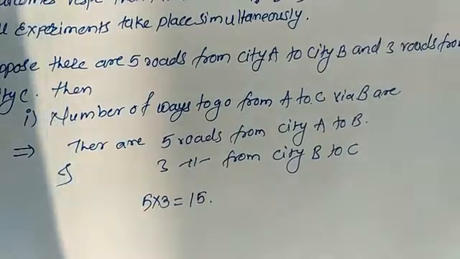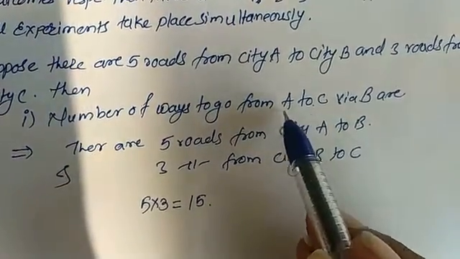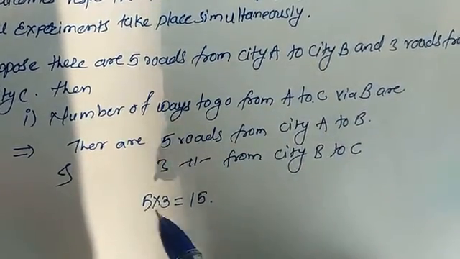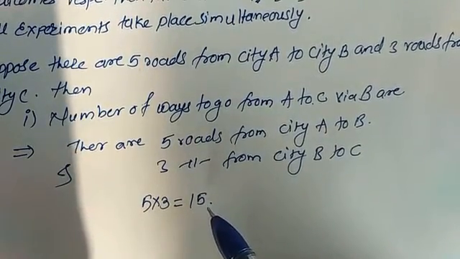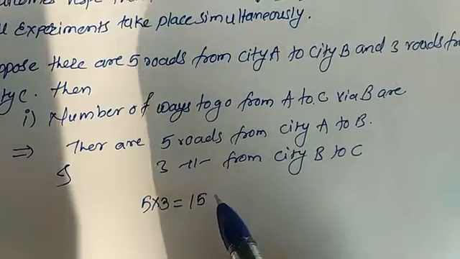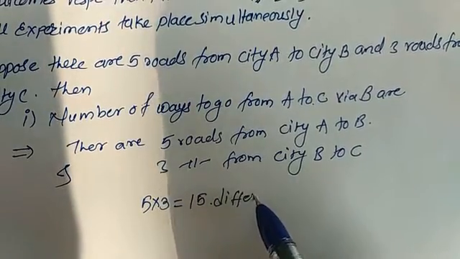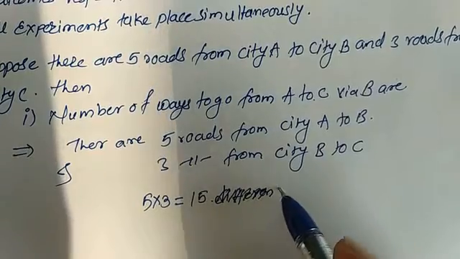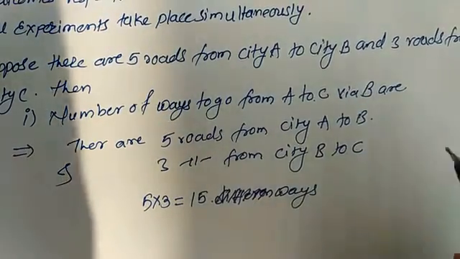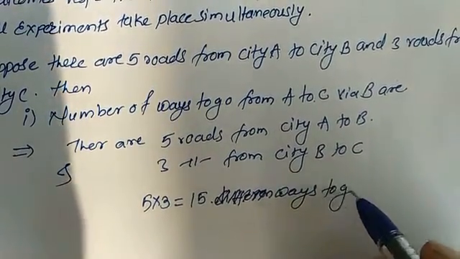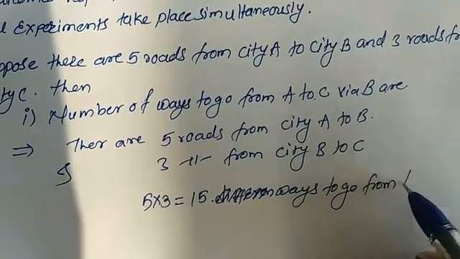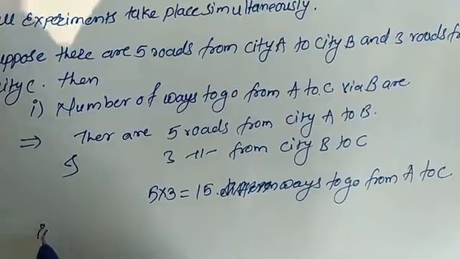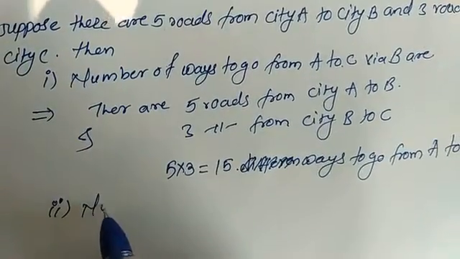Okay, so here it is given that we have to go from A to C via B, so there are 15 different ways to go from A to C.